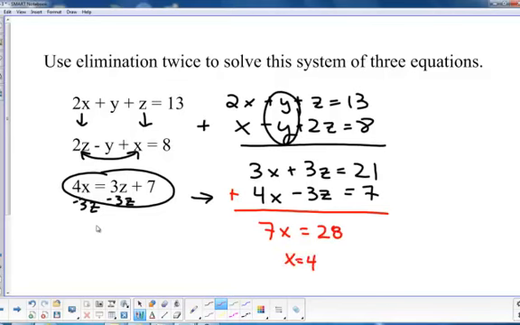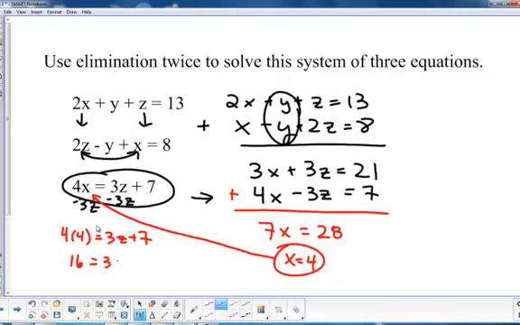Now that I know x, I can plug it right here and solve for z. So 16 equals 3z plus 7. Subtract 7. So 9 equals 3z.